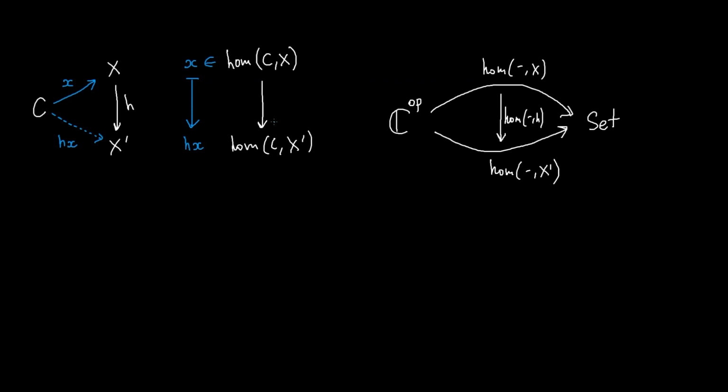Intuitively, if I think of x as an element of capital X, I can think of H as a function, which does this: H of x equals H composed with x. So evaluation of a function at an element now becomes an instance of composition of morphisms.